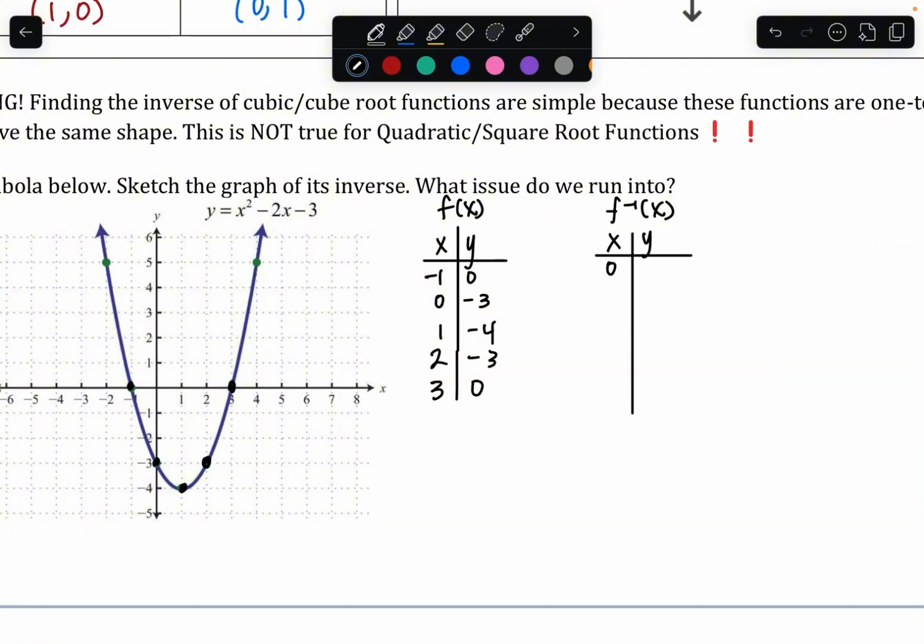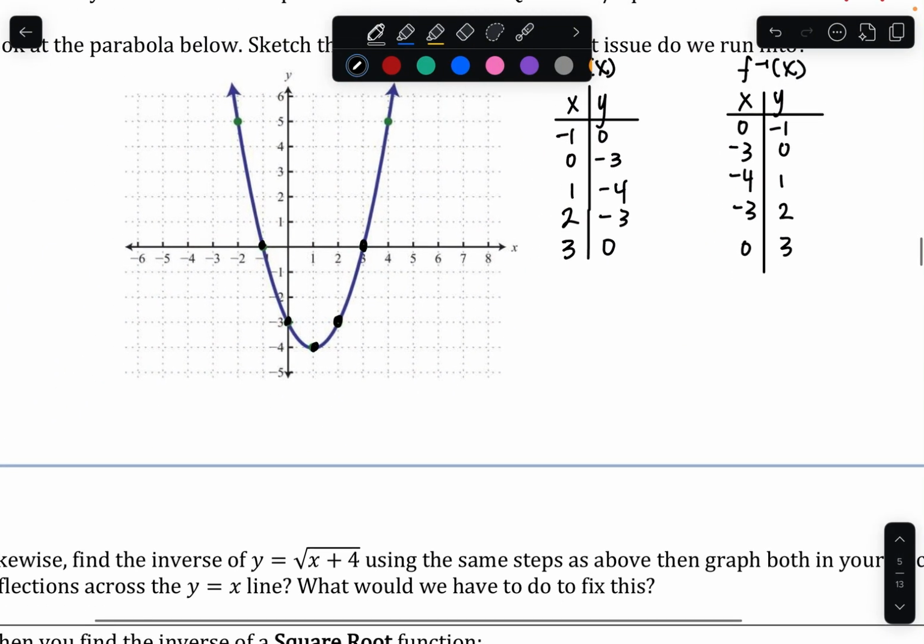Okay, and so my y column is now going to appear on the x side. And then my x column is going to appear on the y side. So now when I regraph these points, I'm going to graph (0, -1), (-3, 0), (-4, 1), (-3, 2), and then (0, 3).